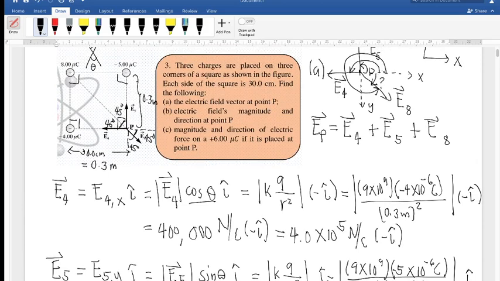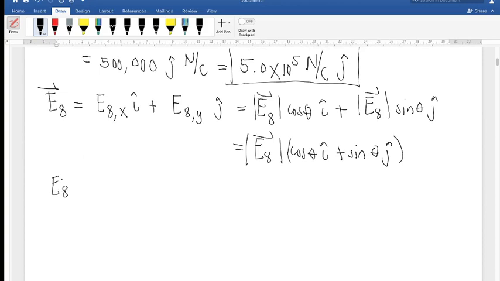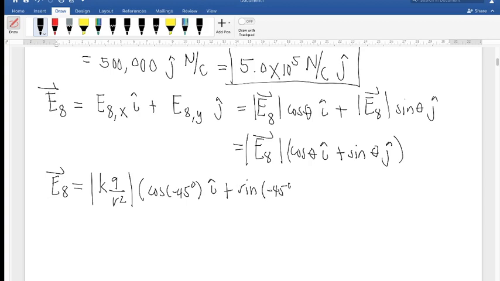So meaning, if mag-rotate siya ng clockwise, that is negative 45 degrees. So we have here E8, tapos meron tayong magnitude kQ over r squared, tapos cosine of negative 45 degrees i hat plus sine of negative 45 degrees j hat.